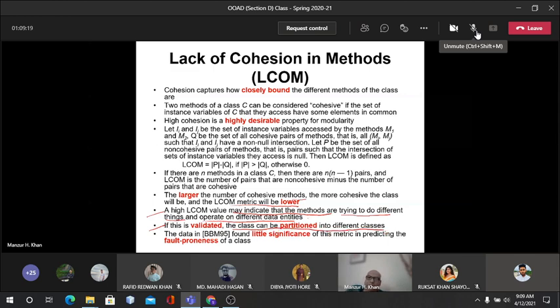So one suggestion for a high outcome class would be to break down the class, come up with 2 or 3 different classes so that the outcome value comes down, so that they become cohesive. And as per the data, it was found not very significant, a little significant in predicting fault proneness.